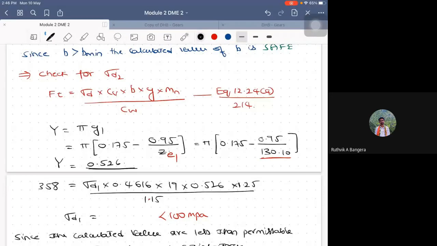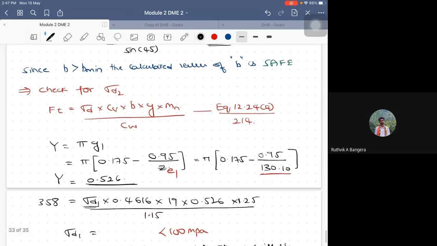Just calculate the value of sigma d1. Check whether the calculated value is less than 100 megapascals or not.